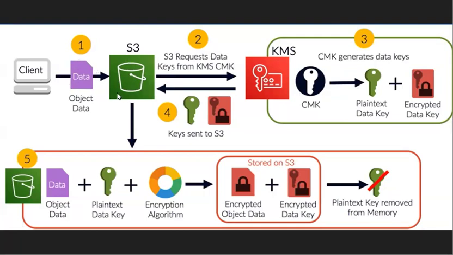Whatever object is uploaded by the client and whatever data keys we get from KMS will be combined with some encryption algorithm. The object uploaded by the client and the plain text data key generated by KMS are combined, and the bucket will create encrypted object data.